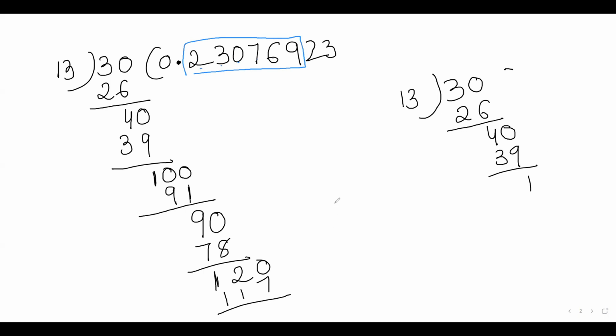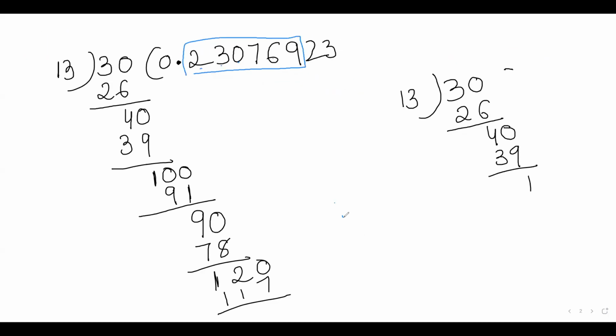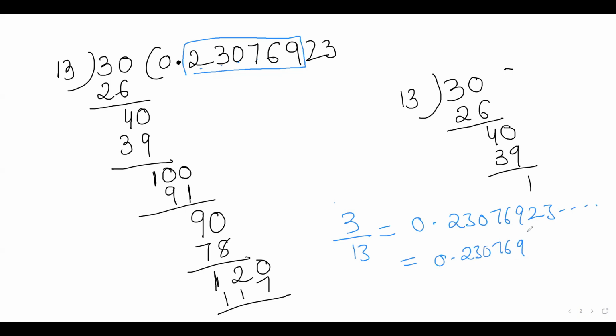Directly write down 3 by 13 is equal to 0.23076923 and so on, which is nothing but 0.230769 bar.